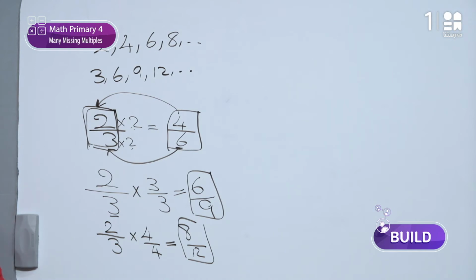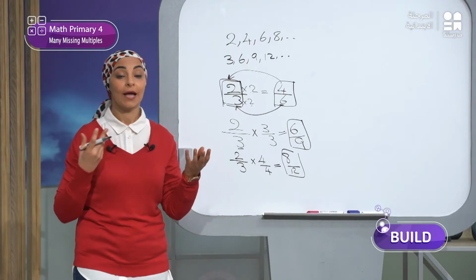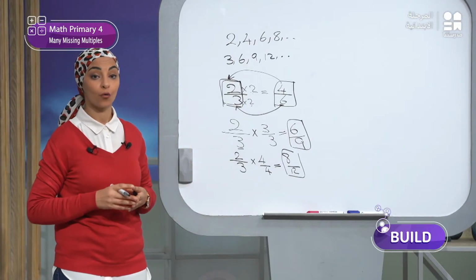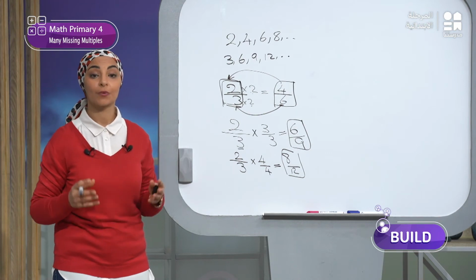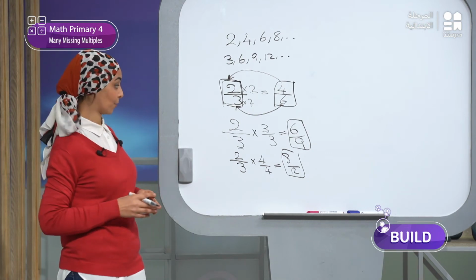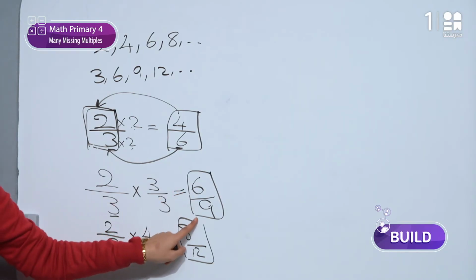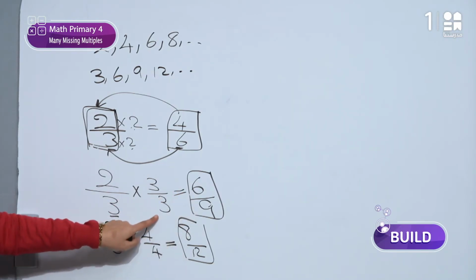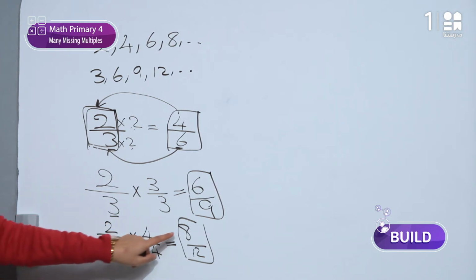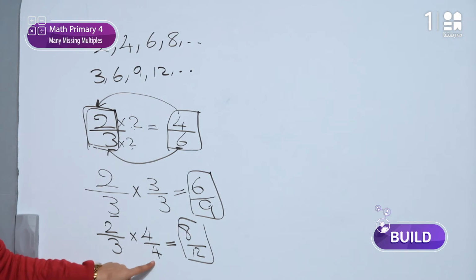We could write 2 over 3 هي نفسها equals 4 over 6 when multiplying it by 2 over 2, right? ممكن نكتب 2 over 3 equals 6 over 9 when multiplying it by 3 over 3. And also 2 over 3 equals 8 over 12 when multiplying it by 4 over 4.